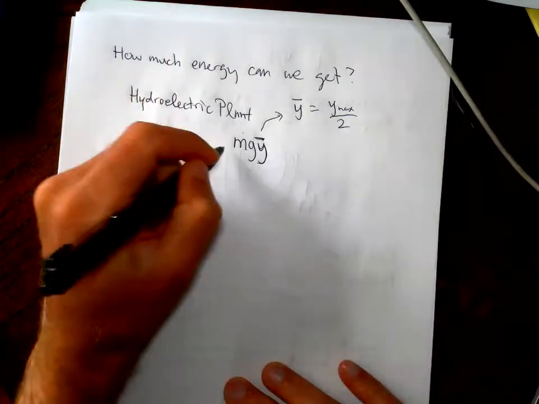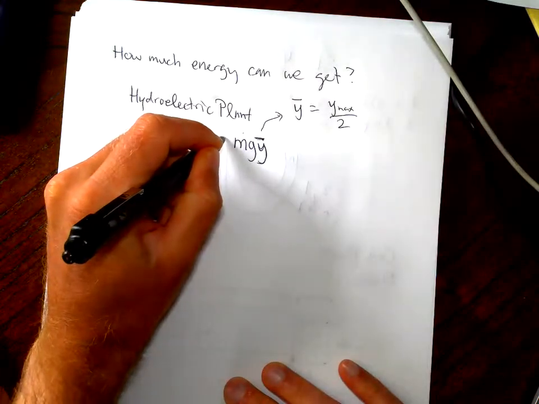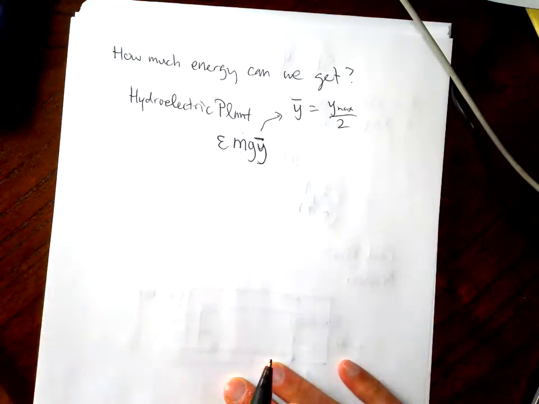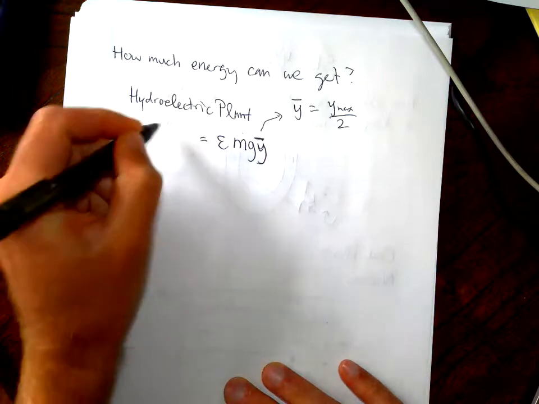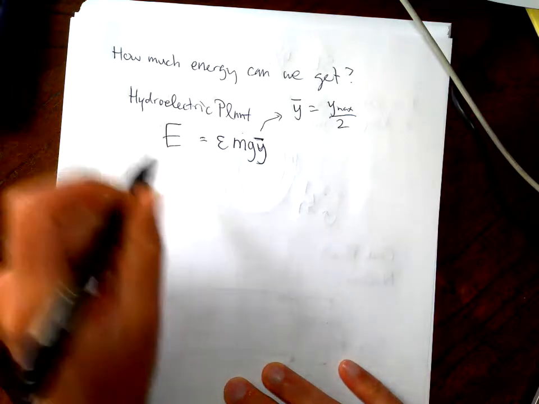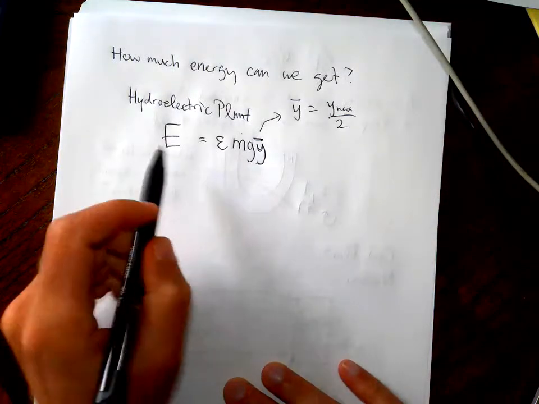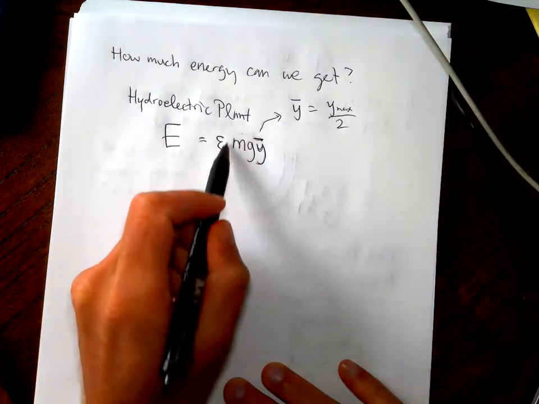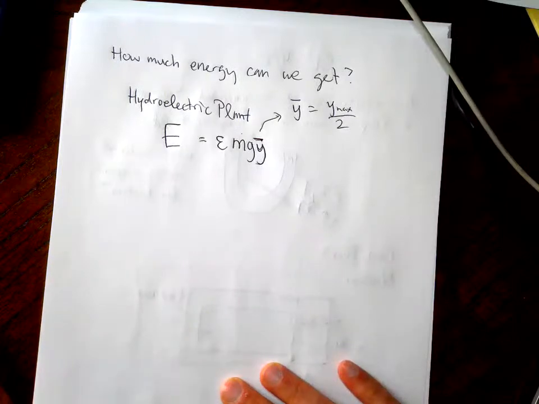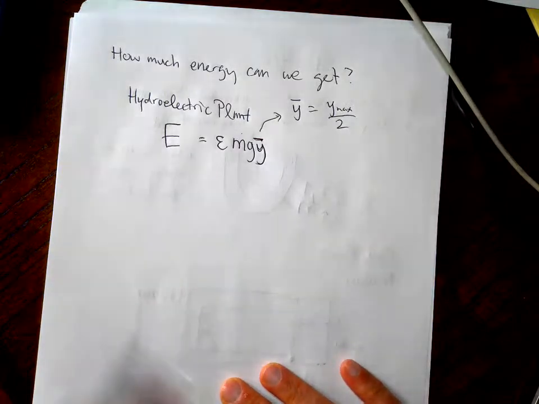Okay. And then we have to multiply that by the efficiency of the energy conversion process. And this would be the amount of energy you could get from a hydroelectric plant. So this is the gravitational potential energy of the water that's behind the dam. Okay.